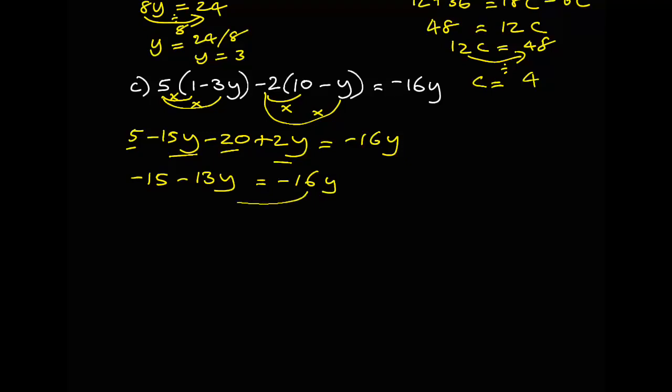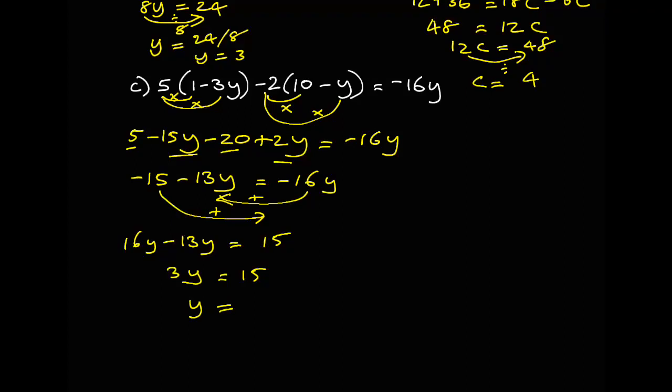Alright, bringing this negative 16y across as a positive 16y and bring that negative 15 over as a positive 15, we're left with 16y minus 13y is equal to 15. So 16 minus 13 is the same as 3y equals 15, and y equals 5 because we've brought the 3 over to divide.